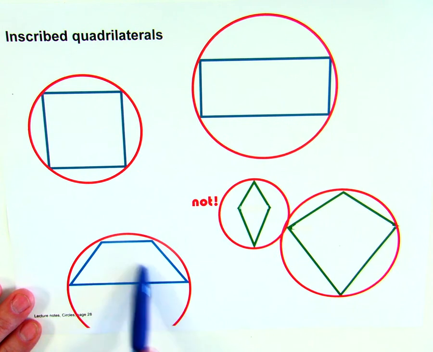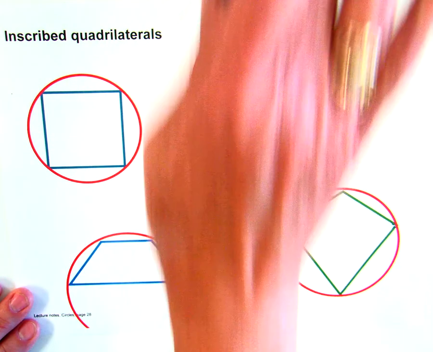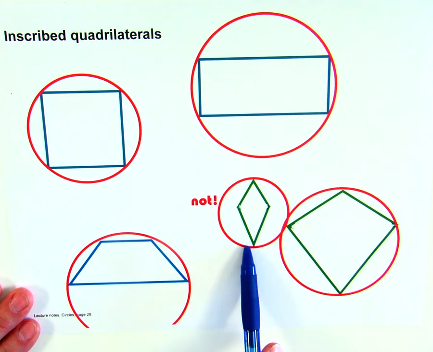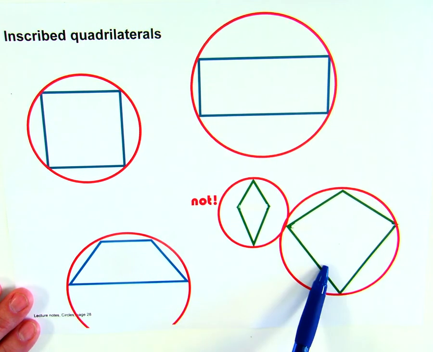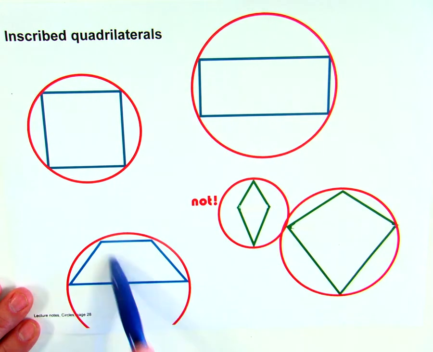This trapezoid is inscribed, but all trapezoids cannot be inscribed. This particular type can, which I hope you'll recognize is an isosceles trapezoid. Here we have two kites. One can be inscribed and the other cannot. Okay, look at the things that are inscribed and see if you can see the commonality.